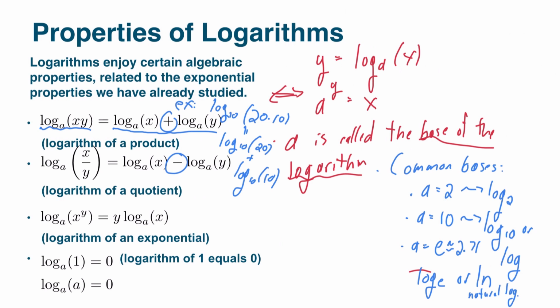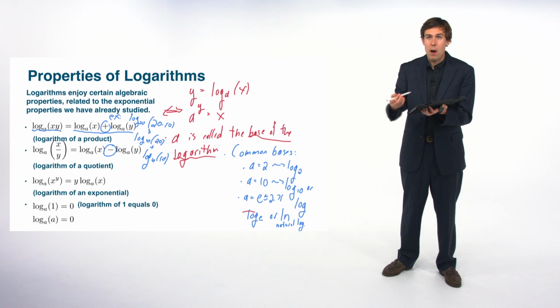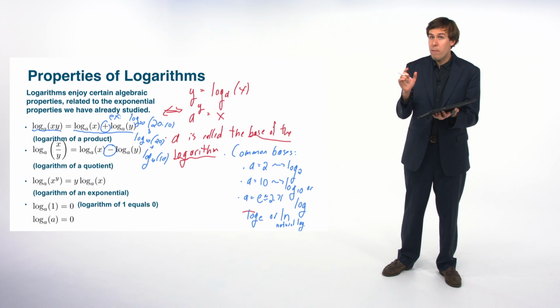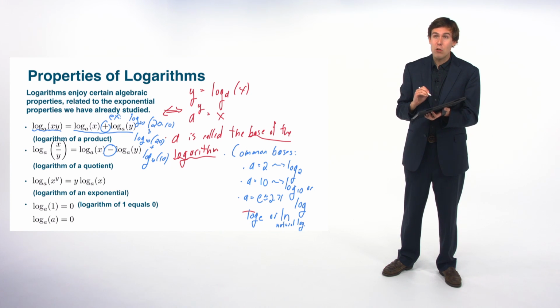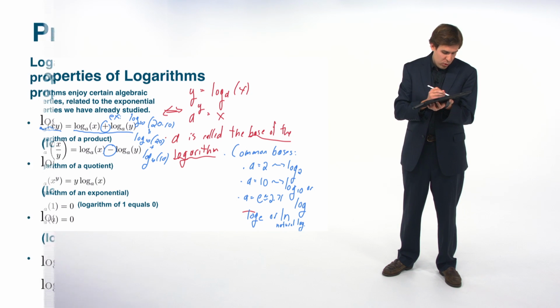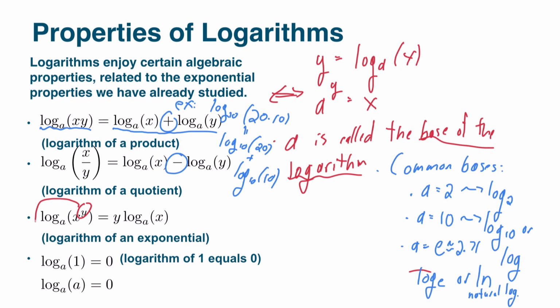If I have an exponential, right, so if I'm taking the logarithm of something like x to the power y, what's beautiful about logarithms is that power y comes down outside of the logarithm as a product. So this y comes down here, and I get y times log base a of x. And then we have a few sort of foundational points.